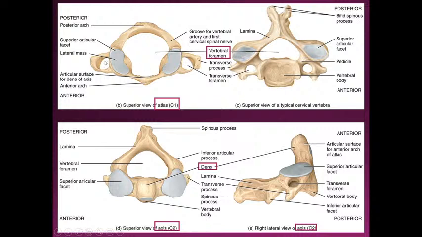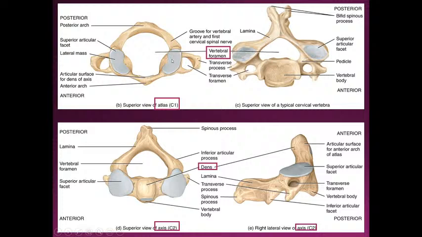All right, now there are superior articulating facets on C1. Okay, here's a superior view. Over there on the right is a different cervical vertebra actually. On the left, here's a superior view of C1. Sorry about that. These superior articulating facets, what do they articulate with?